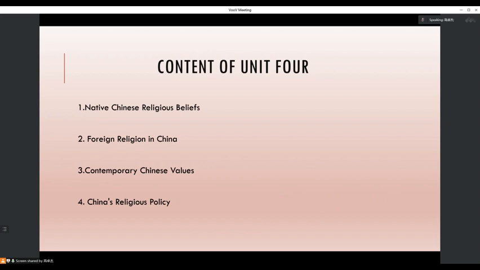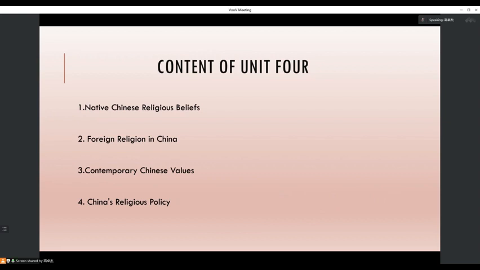Third, contemporary Chinese values, Chinese people's values. What do Chinese people want, and what don't they want to do? Why don't they do something? Because of the values of China.